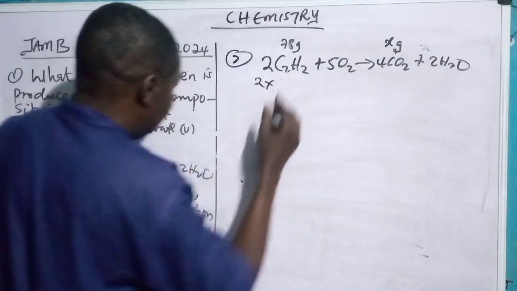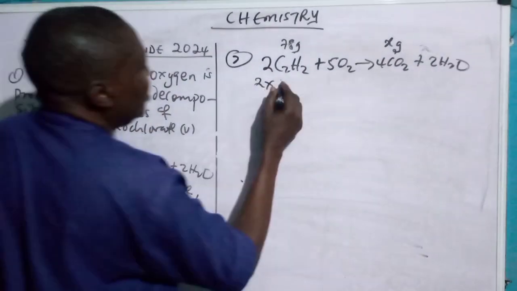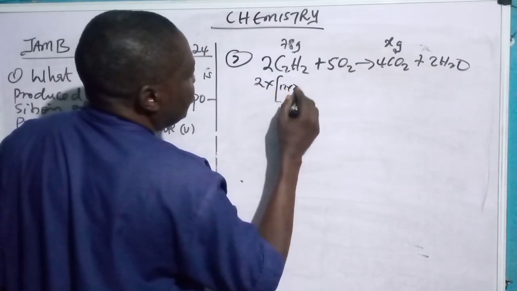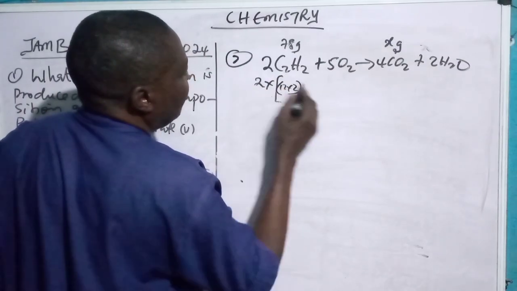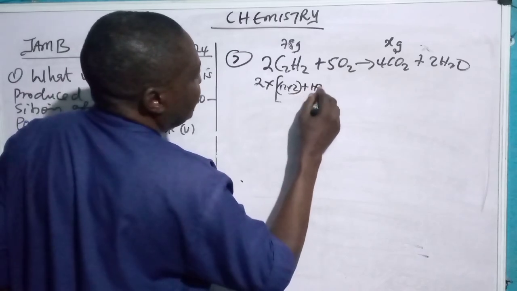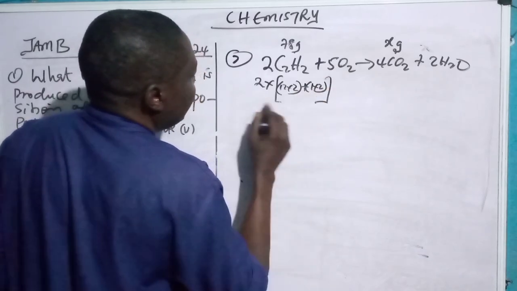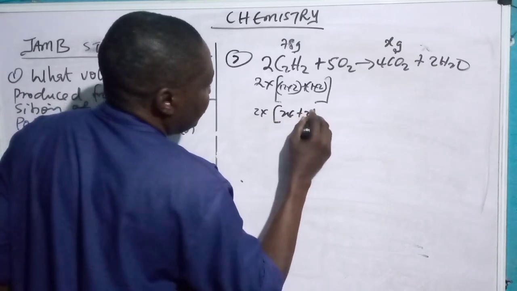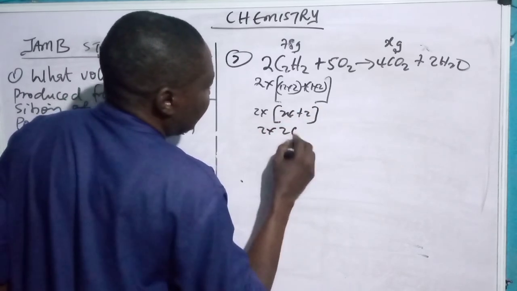Carbon is 12, as you gave to us. Put in block form, 12 times 2. Use the molar mass, write the number of moles. Plus 1 times 2. Block it again. 2 times 24 plus 2. 2 times 26.